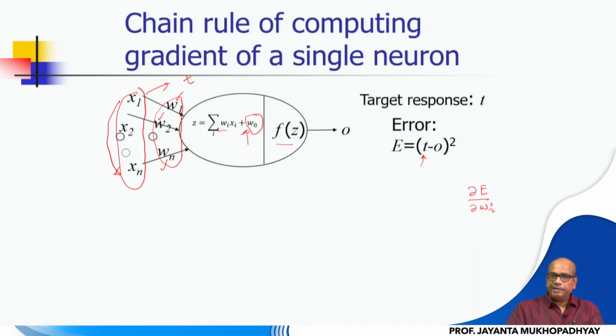Now, one simple way you could have computed this is using some kind of numerical simulation. Let me consider, say, this is my xi, this input is my xi, and this is connected with that weight Wi. So let me perturb this Wi with a very small value, say delta Wi, and keep all other weights fixed.